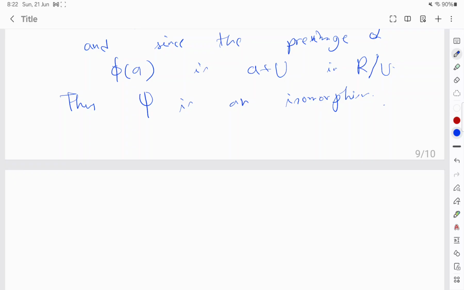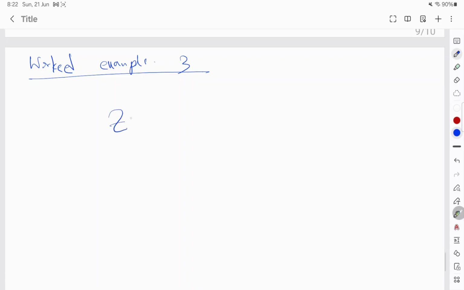Okay, so this is your complete part, and after that you just do worked example 3. Basically this says that if you have an isomorphism from Z to Z, then you have only phi x equal to x, the identity transformation.